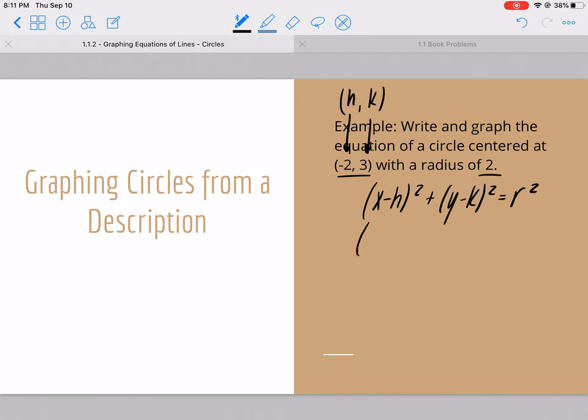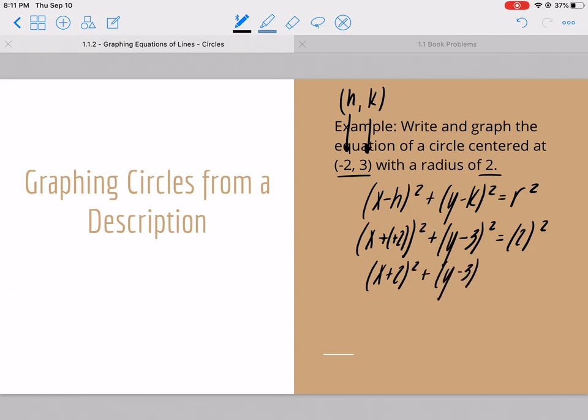Okay, so x minus a -2 plus y minus 3 squared equals radius of 2 squared. Minus a negative is the same thing as a positive. Okay, that double negative becomes positive. So this is x plus 2 squared plus quantity y minus 3 squared equals 2 squared, which is then 4. So here's the equation of this circle.